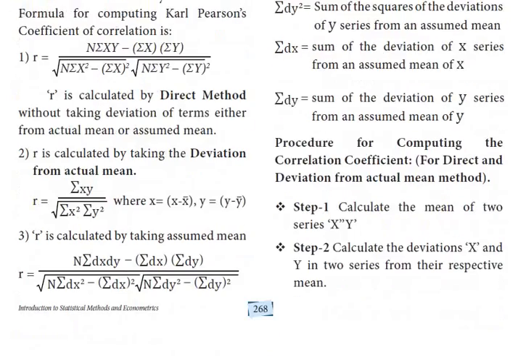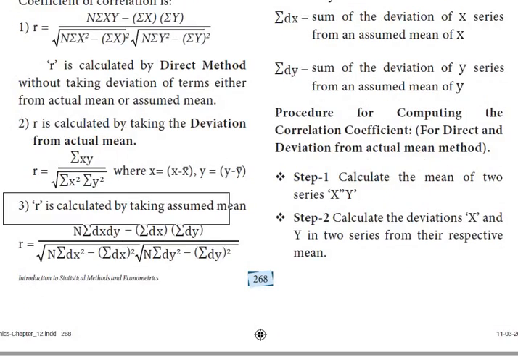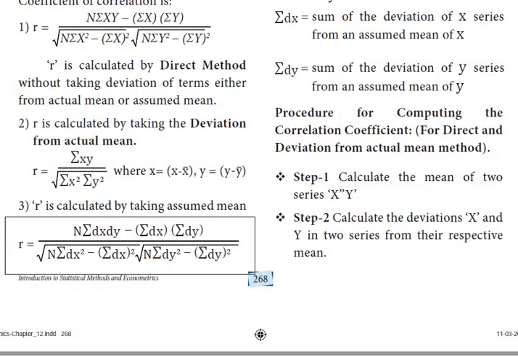Then the third method is calculated by taking an assumed mean, where R is equal to n sigma dx dy minus sigma dx into sigma dy, divided by root of n sigma dx square minus sigma dx the whole square, into root of n sigma dy square minus sigma dy the whole square.